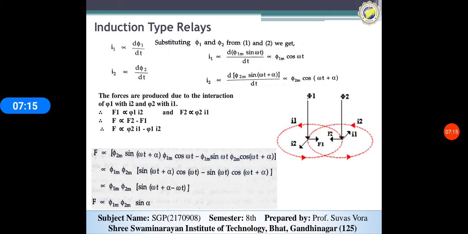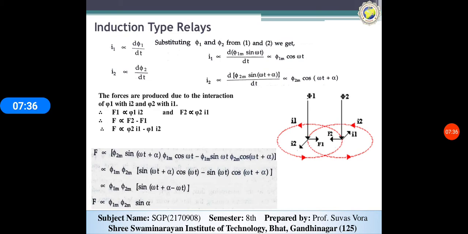Now start with how to rotate, and you can see the figure. If I consider currents I1 and I2, with the angle between phi 1 and phi 2, I1 is directly proportional to d phi 1 by dt, and I2 is directly proportional to d phi 2 by dt.